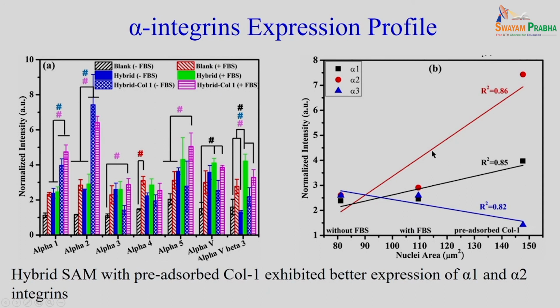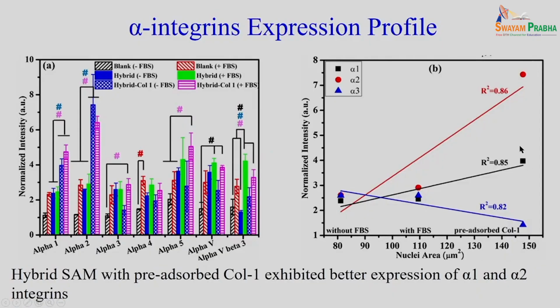What we are observing is that alpha 1 is increasing, alpha 2 is also increasing, while alpha 3 is decreasing. But in the case of pre-adsorbed collagen, we had the maximum number of adhered cells, maximum average cell area and maximum nuclei area.